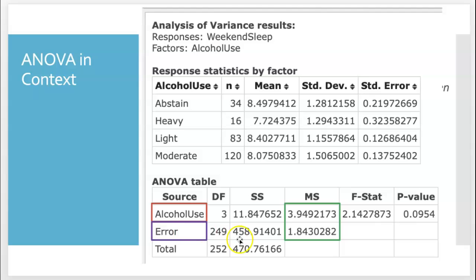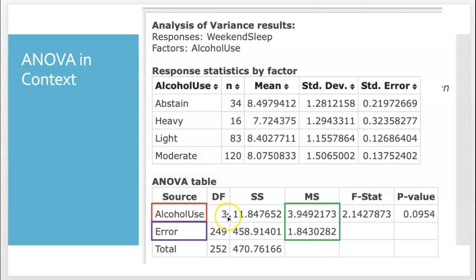And this error is the sum of squares, or the amount of variation, within groups. SS just stands for sum of squares. Pretty much how they calculate these numbers is they find the average sleeping in each group, the average amount of sleep within each group.